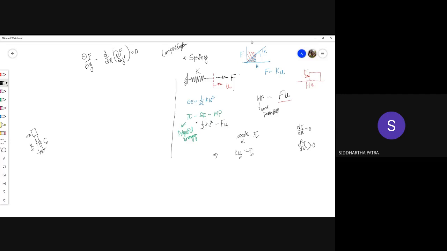But we simplify the structure, simplify the model, by taking a series of these. This is a 1 DOF spring mass damper system.